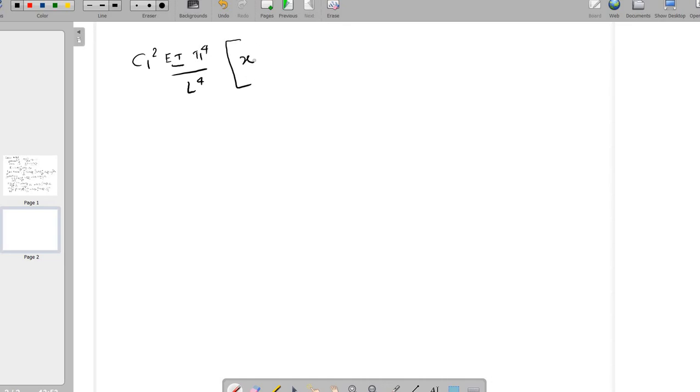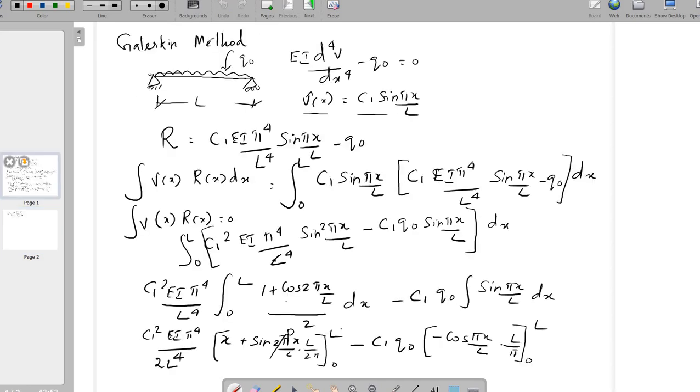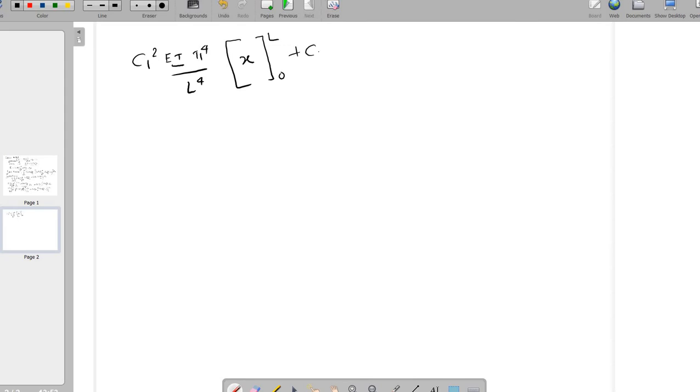You are substituting x with the boundary condition 0 to L, and minus C1 Q naught and minus cos pi x by L becomes plus C1 Q naught. I am taking the constant L by pi outside, and cos pi x by L with the boundary 0 to L.